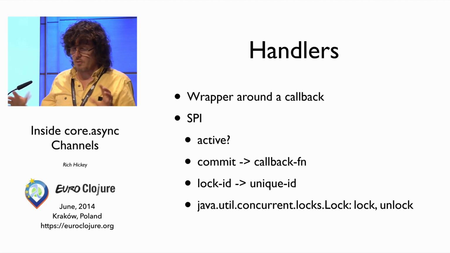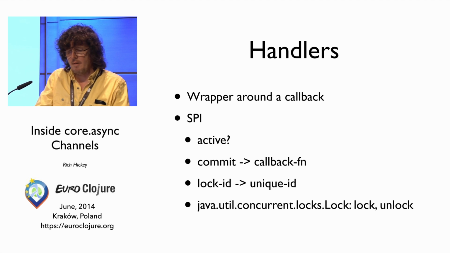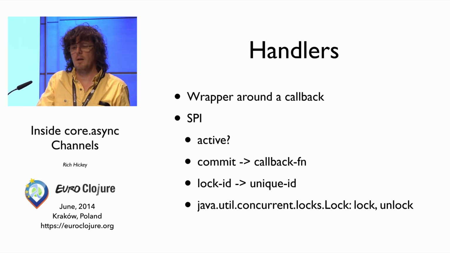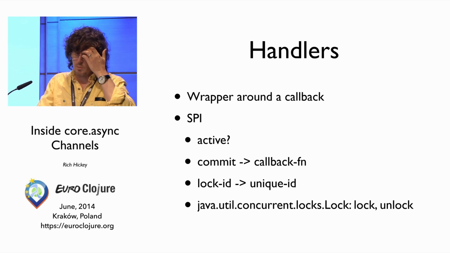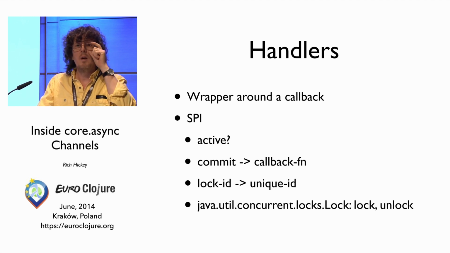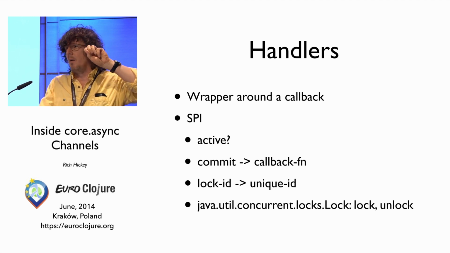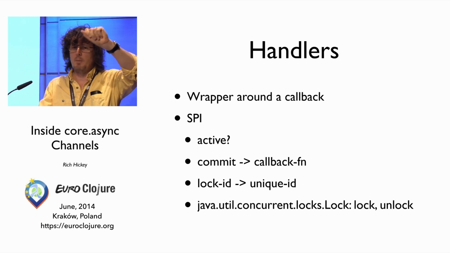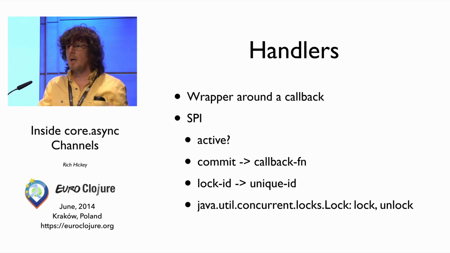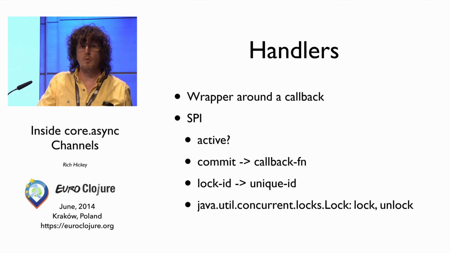So handlers are wrappers around callbacks, but they have their own service provider interface. It's used by the channel to implement operations so that alt can work. The first thing a handler has is this notion of being active. Because we said before, we have these handlers registered. We want one to complete, which means the other ones have to be able to say, I'm no good anymore. Don't use me.